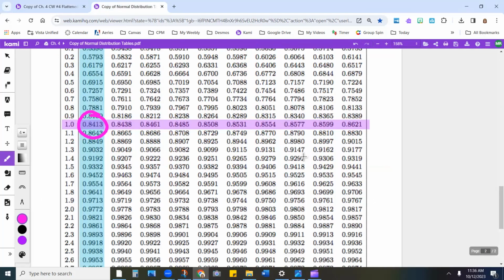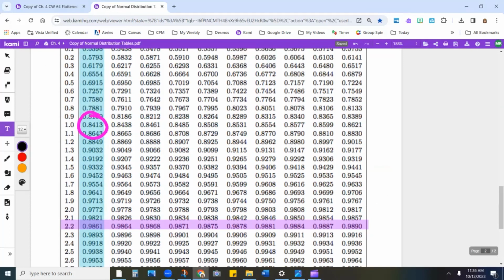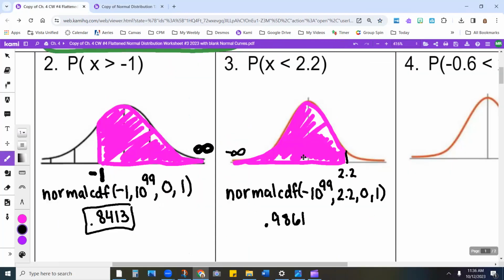I would be using this table. I would be looking at 2.2. So here's 2.2. And you see that 2.2 is a 0.9861, which is what we got.